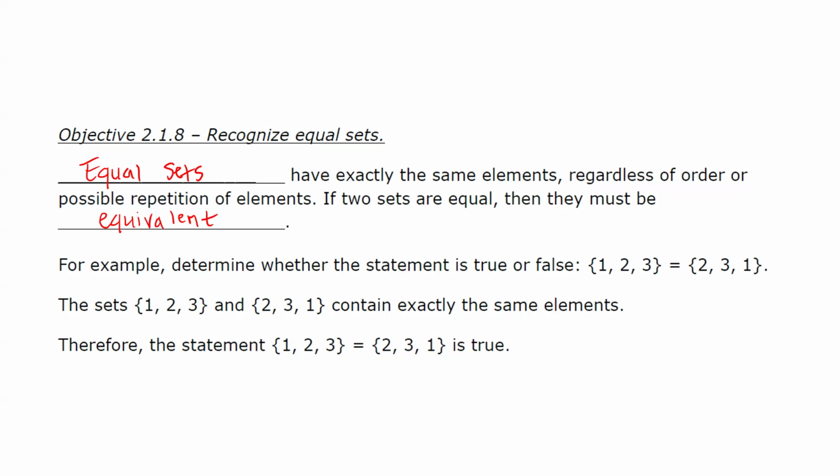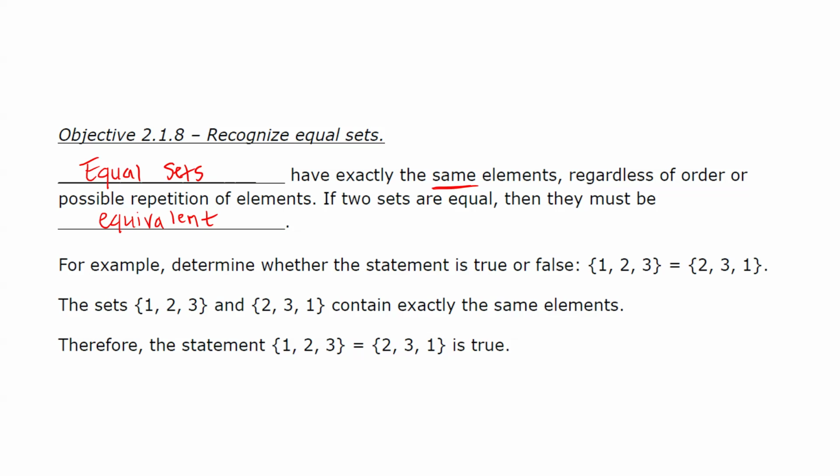Now, equal and equivalent in the English language tend to be interchangeable. However, in set theory, that is not the case. Equal sets contain the same elements. Okay, that's key. Equal sets contain the same elements, while equivalent sets contain the same number of elements. Remember, in the previous objectives, in order to determine if two sets are equivalent, we would have to look at their cardinality.